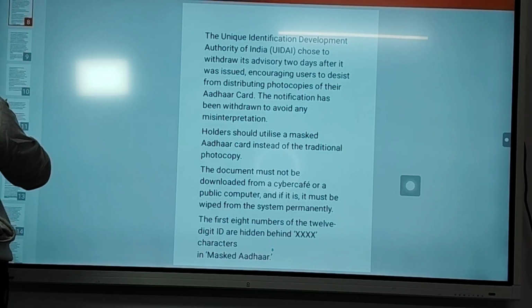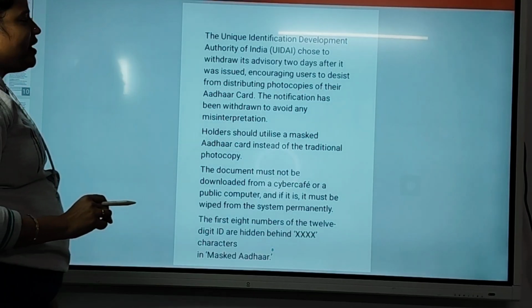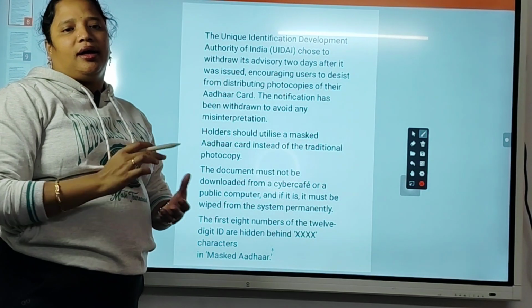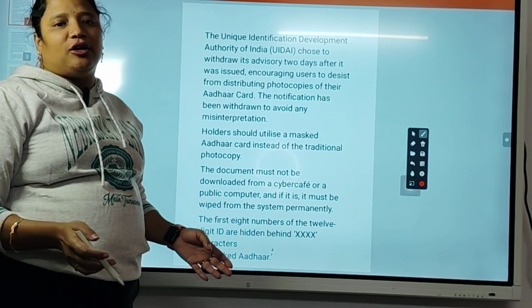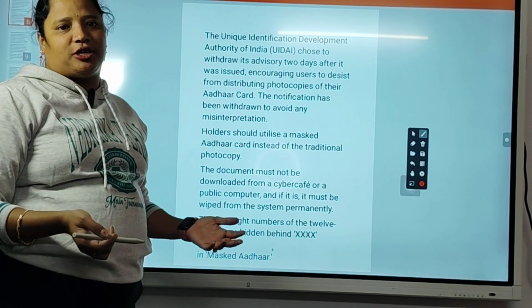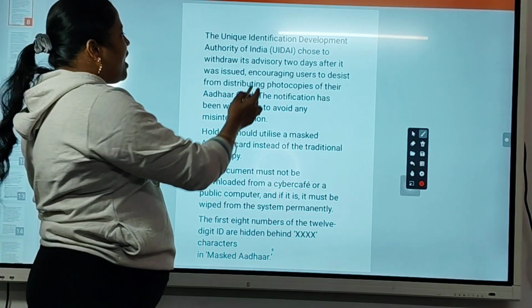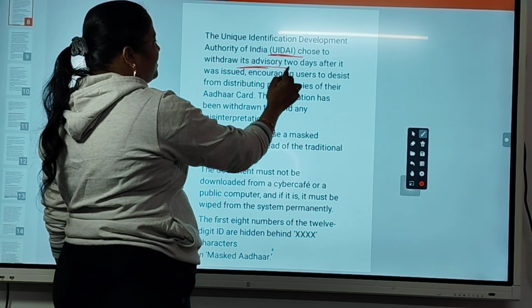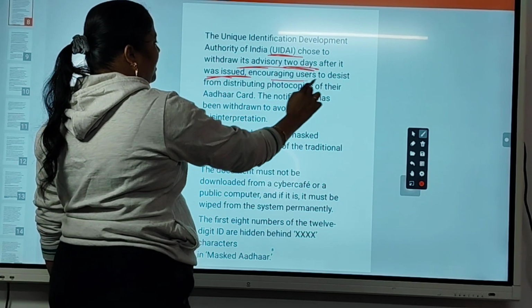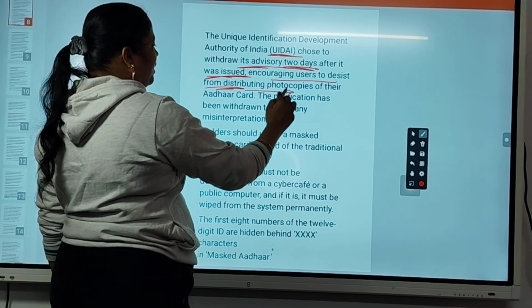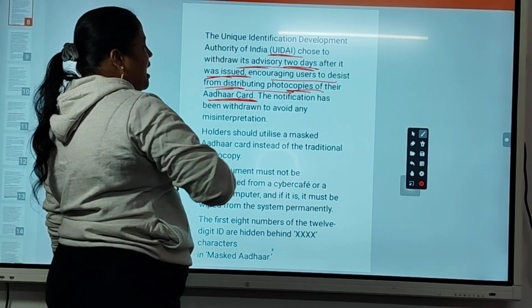Next concept is safety of Aadhaar. How to keep our Aadhaar safe so that no one can hack our Aadhaar information. So the UIDAI withdrew its advisory 2 days after it was issued, which encouraged users to desist from distributing photocopies of their Aadhaar card.